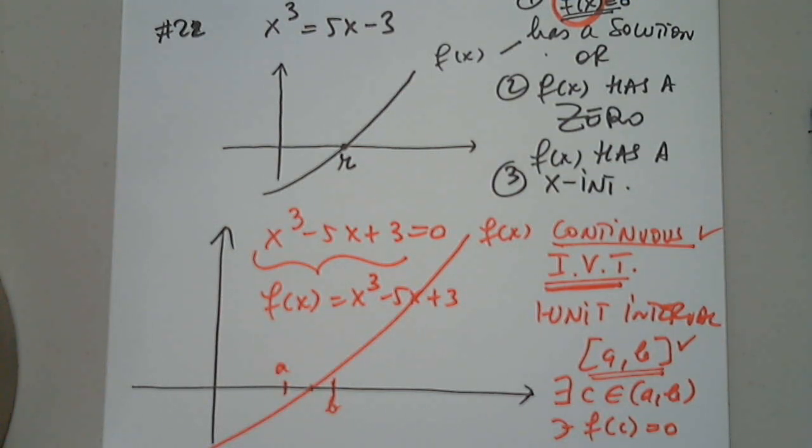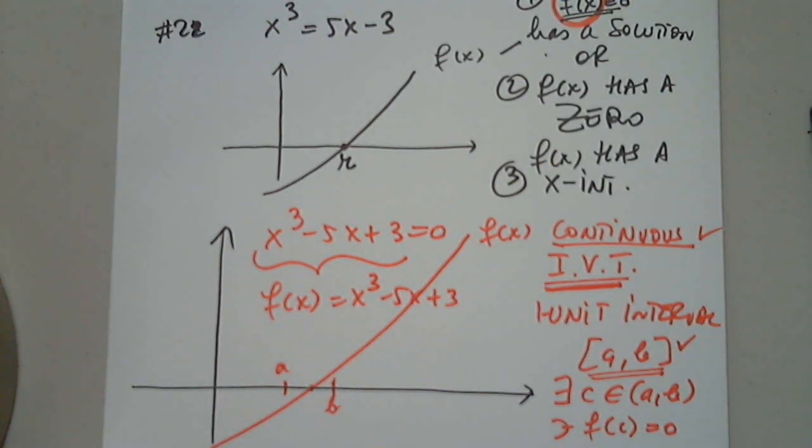So I'm hoping that I'm starting slow with 0 and with 1. Oh, that's good enough. That's all I needed. You may have other solutions. I only want 1. So I see that the function is continuous. It's a polynomial function. I see it changes sign between 0 and 1. IVT guarantees a solution between 0 and 1.